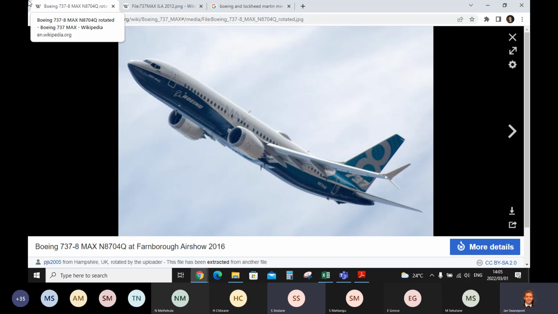Now, in the last decade or two, the international commercial flight sector, the aerospace sector, has changed dramatically.